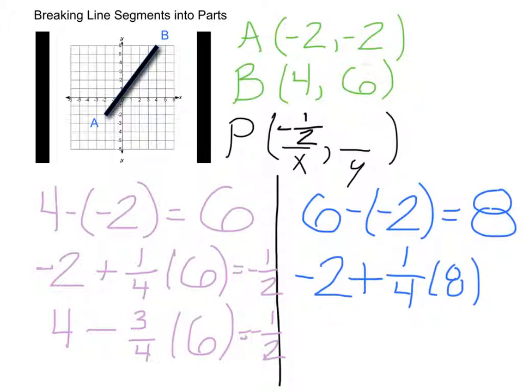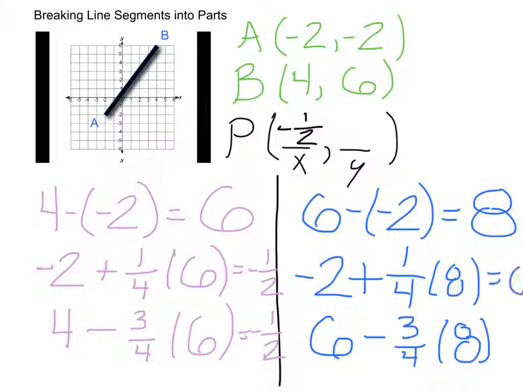We can look at that 6, and then since we're going down now, we could do 6 minus 3/4, and then we can do times 8. We'll find that in this case and in that case we get the same answer. And that answer is going to be 0.